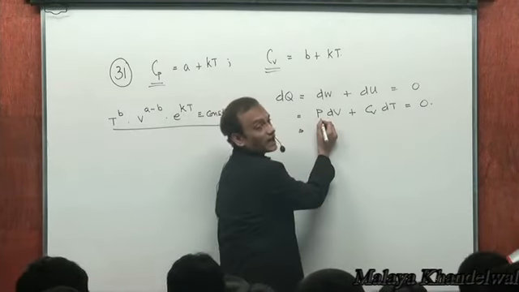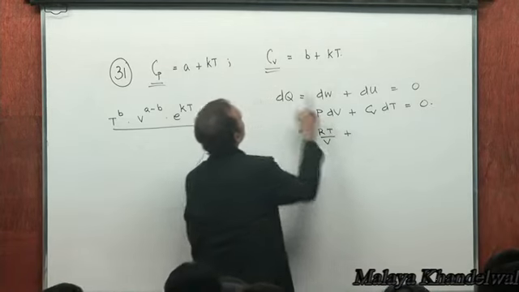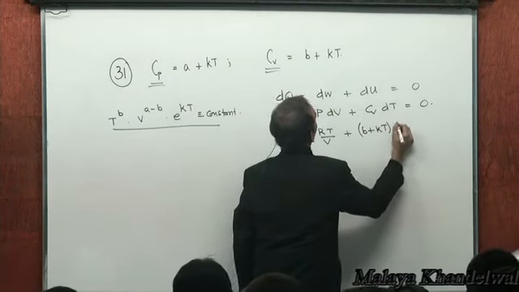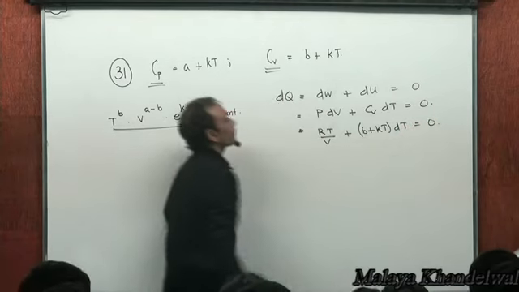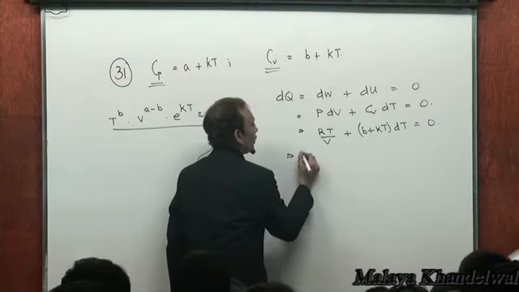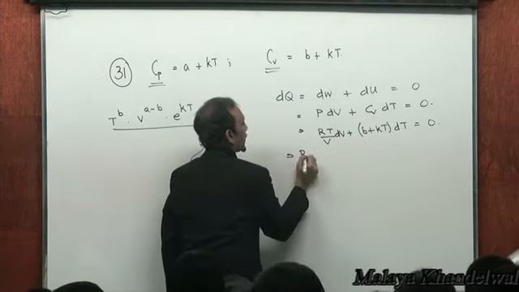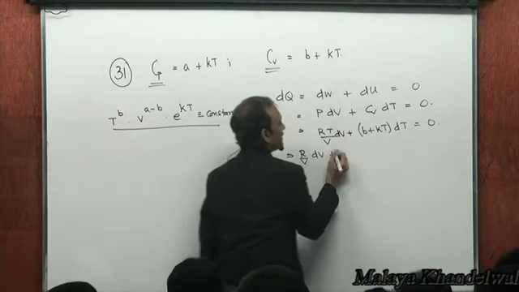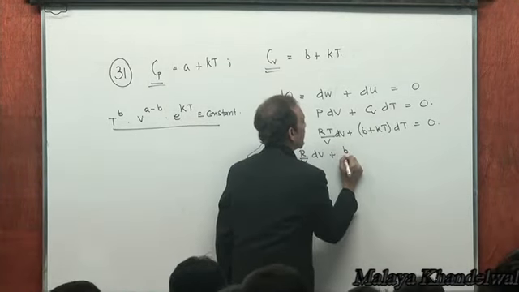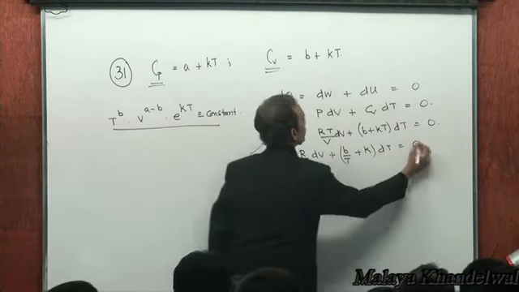P I can write as RT by V. Cv I can write as B plus Kt. Yes or no? So R by V dV, I divide by T so that T flushes with these, is B by T plus K dT. That must be 0.